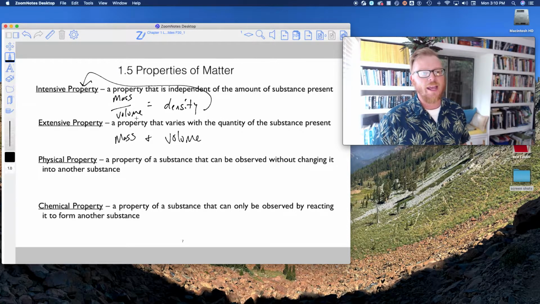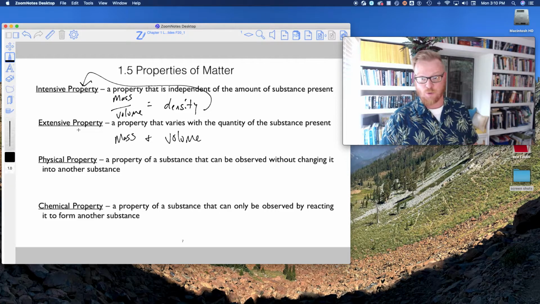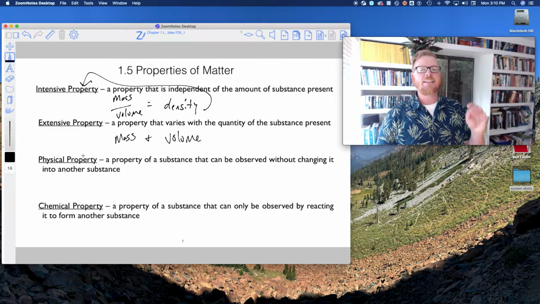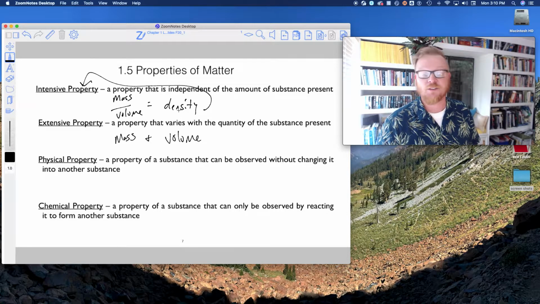Anytime we take two extensive properties, such as mass and volume, and ratio them, it will give me an intensive property. These are the main ones we'll deal with this semester: mass, volume, and density.